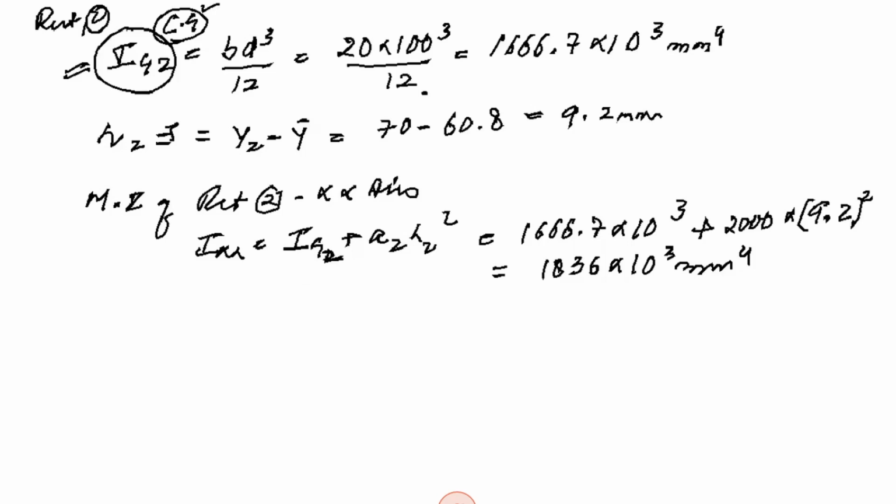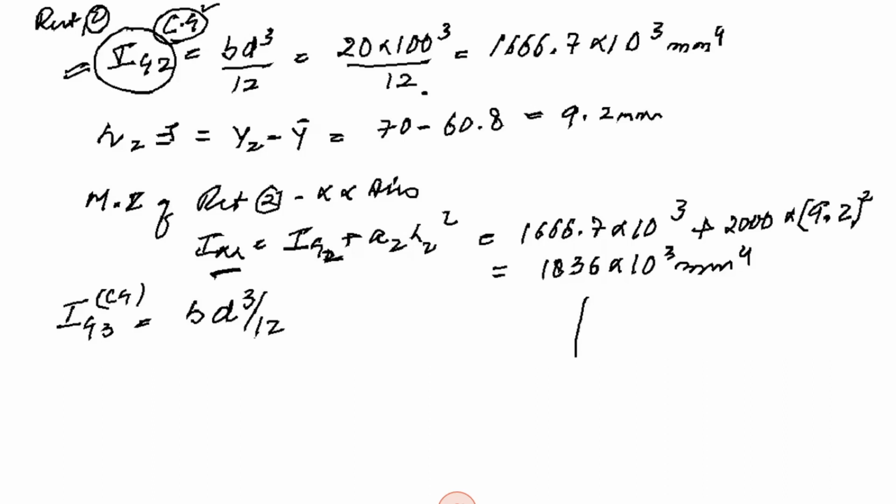Now, similarly, we have a third rectangle, and we calculate Ig3. Ig3 is the moment of inertia of rectangle 3 about an axis passing through the center of gravity, which comes out to be BD cube by 12. But we have to calculate it about the x-axis, for which the reference line has been kept at the bottom of the bottom flange.